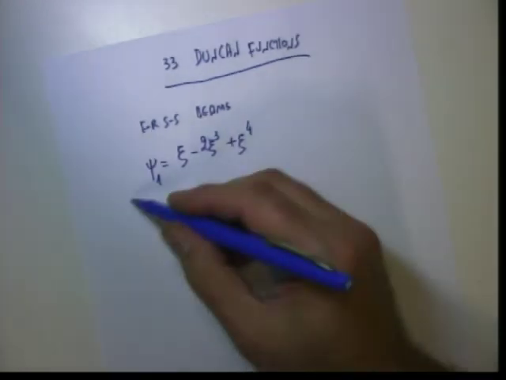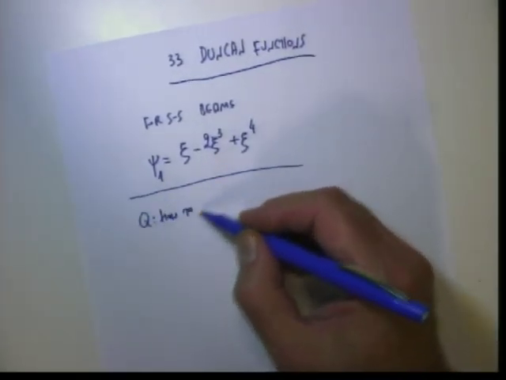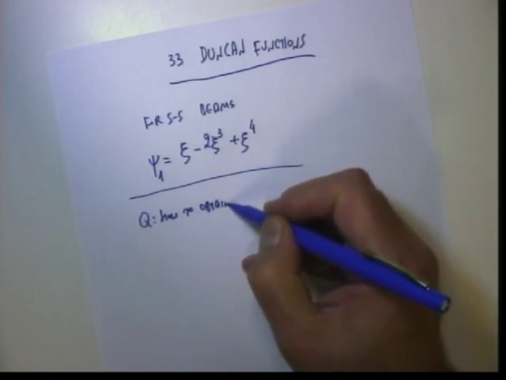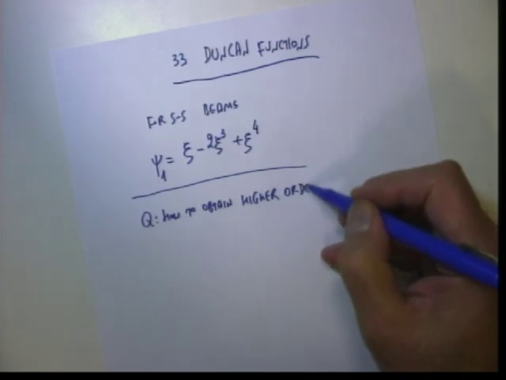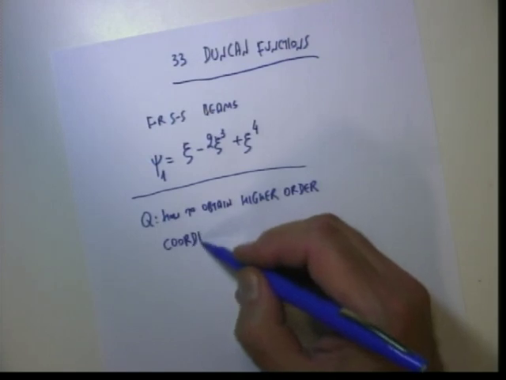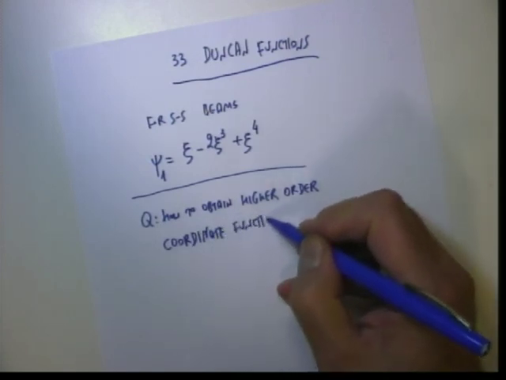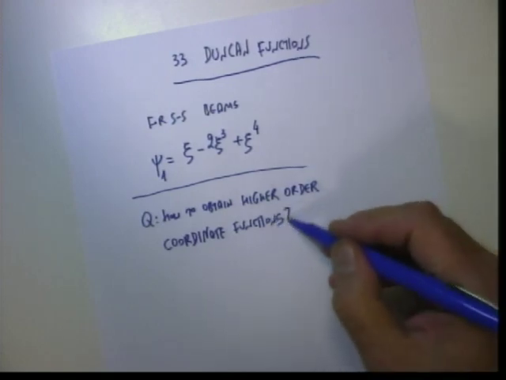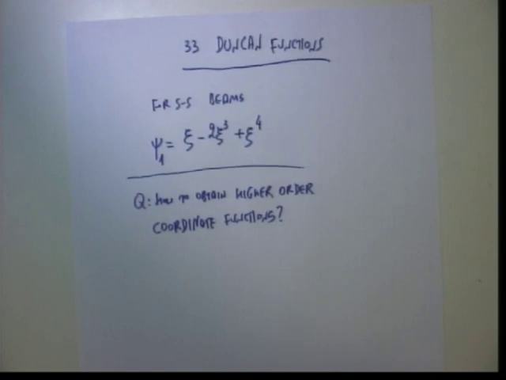Now the question is how to obtain higher order functions. These are called coordinate functions. And we answered this question actually last time: how to obtain second and higher order functions.